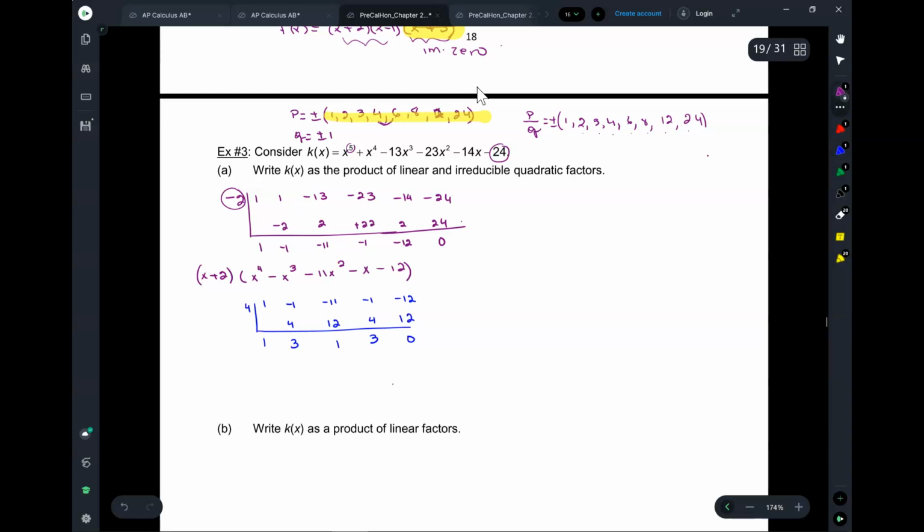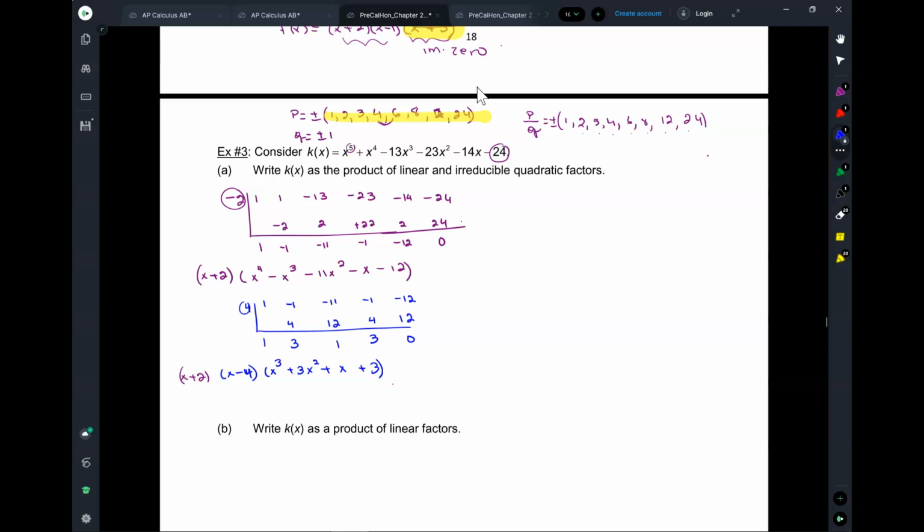So now let's see what we have. I had x plus 2 from before. From here, I have x minus 4. And then now it's x cubed plus 3x squared plus x plus 3. Now again, I need to factor that cubic polynomial.